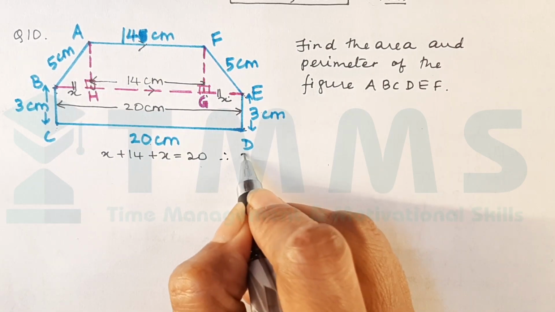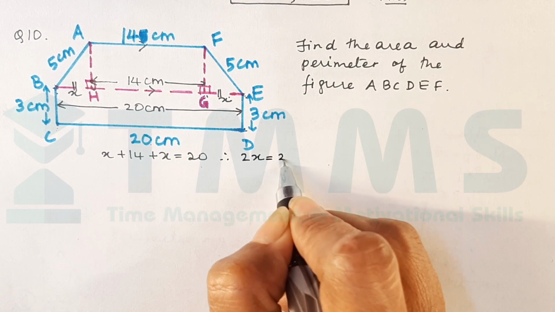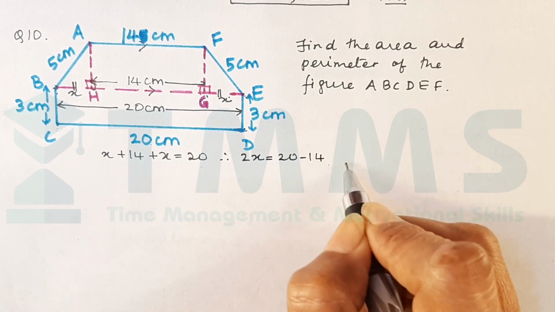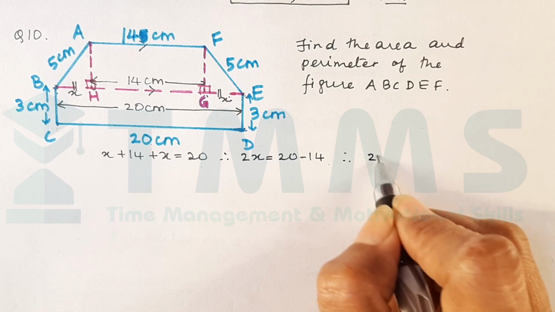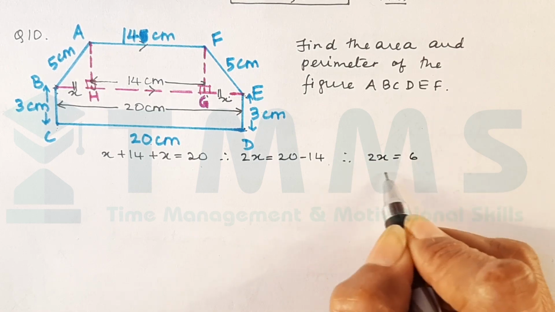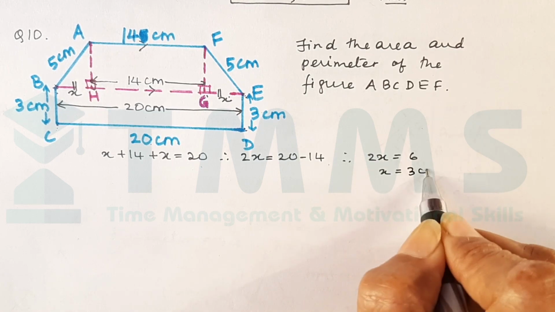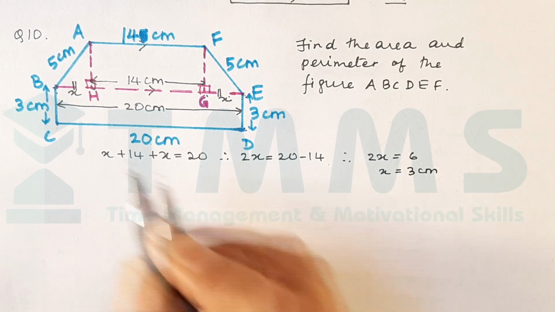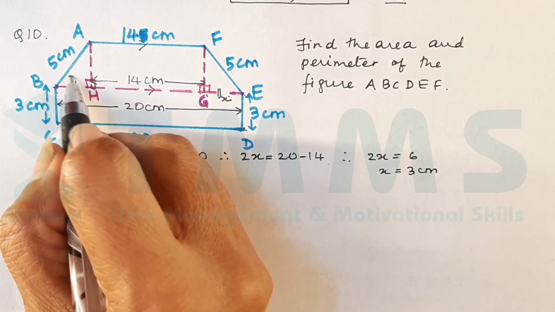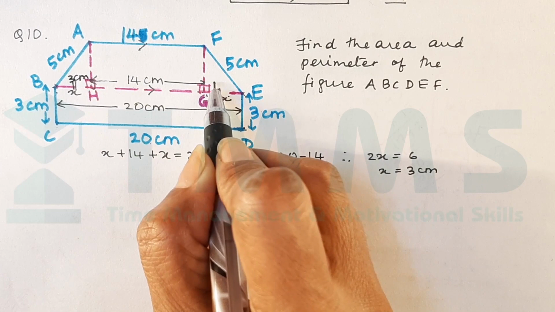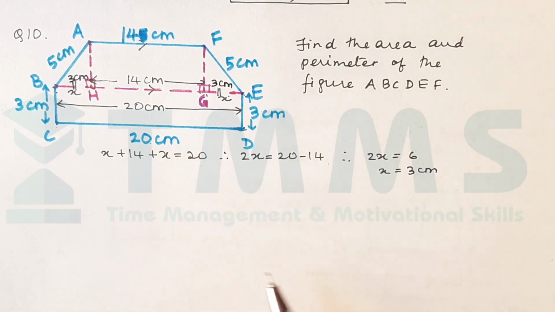And therefore it will give me 2X is equal to 20 minus 14. And therefore I will have 2X is equal to 6 and X will be equal to 3 centimeters. So this is going to be 3 centimeters. This is going to be 3 centimeters.